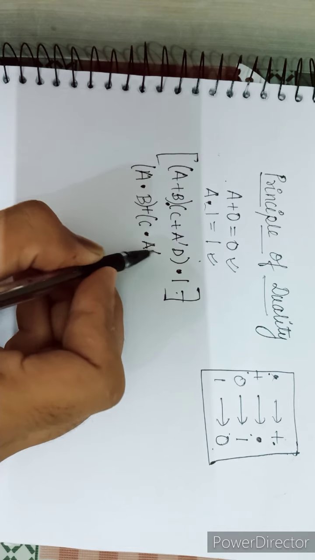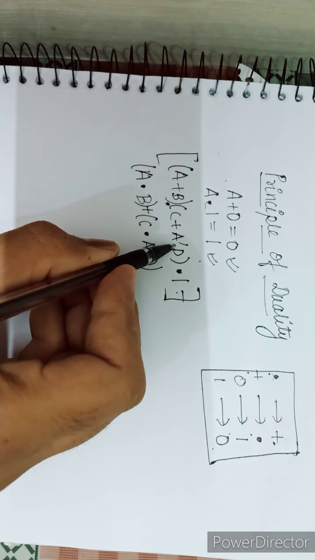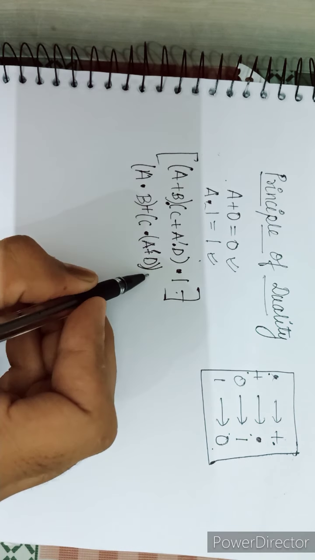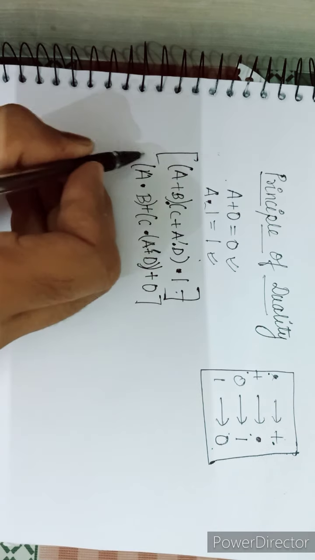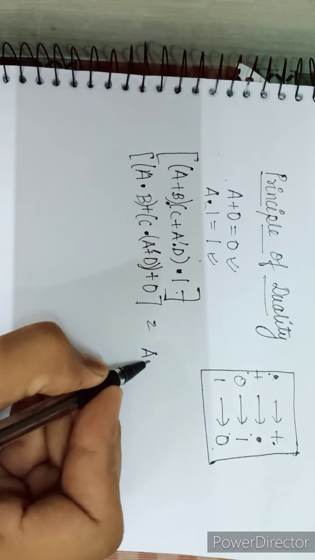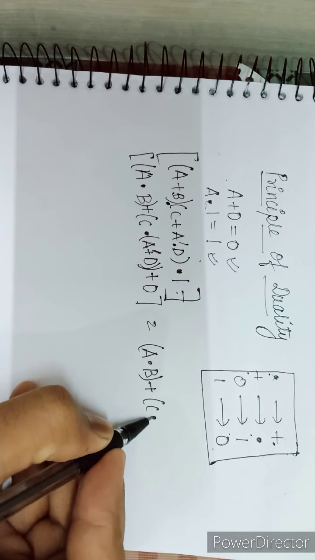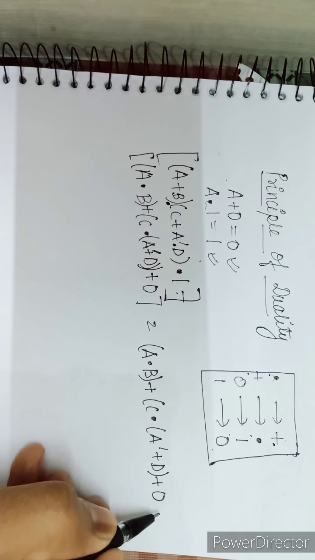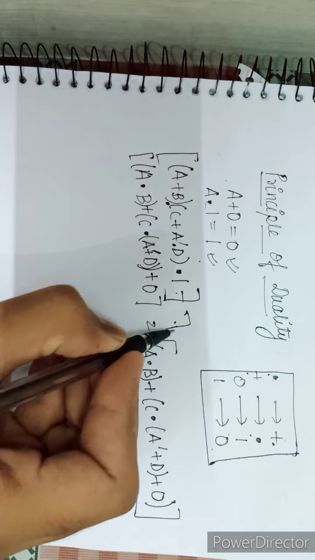A bar D. Here we can see a dot is there, so this will change to plus, and 1 will be changed to 0. So we can write it as A dot B plus C dot A bar plus D plus 0. So this is the dual form of this expression.